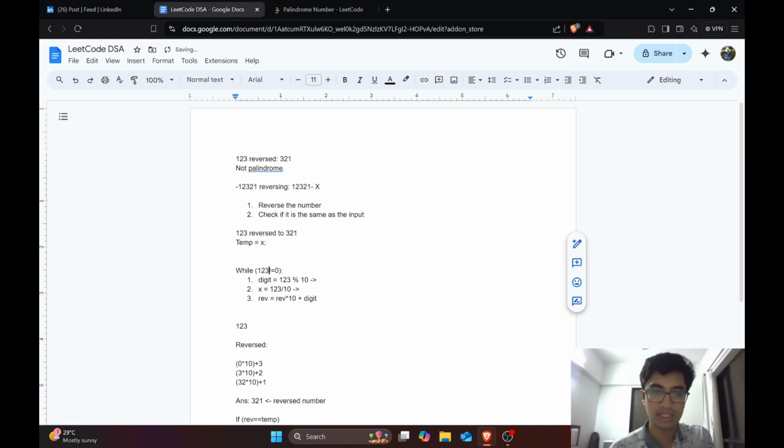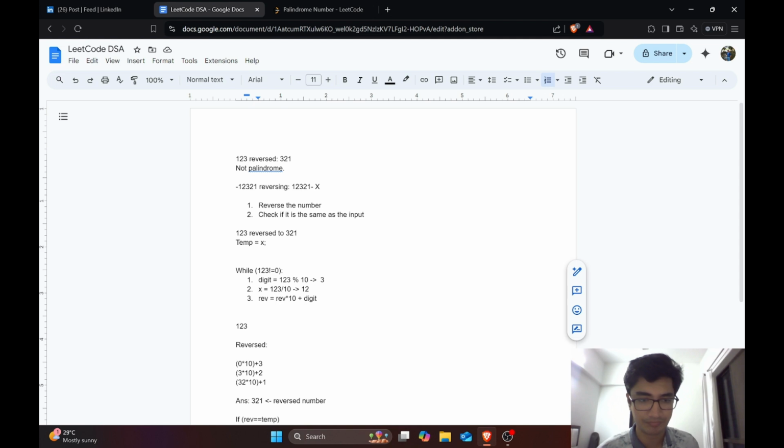So 123 is not equal to 0, right? 123 mod 10, what is it? It is 3, as the remainder is 3. Now 123 divided by 10 is 12. Here we have a formula: the reverse number is the reverse number multiplied by 10 plus the digit.